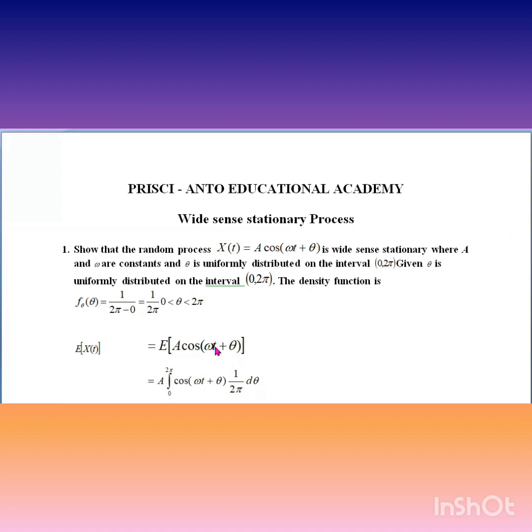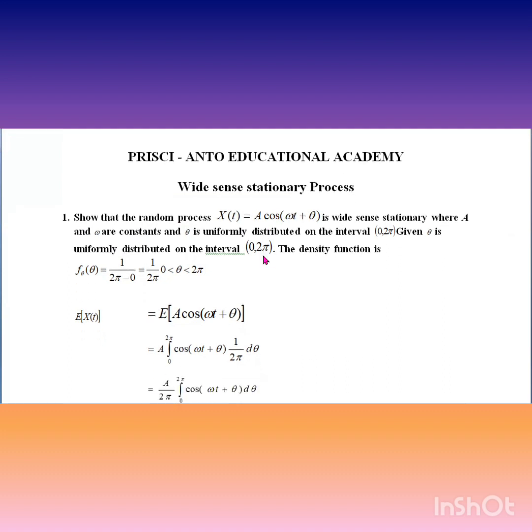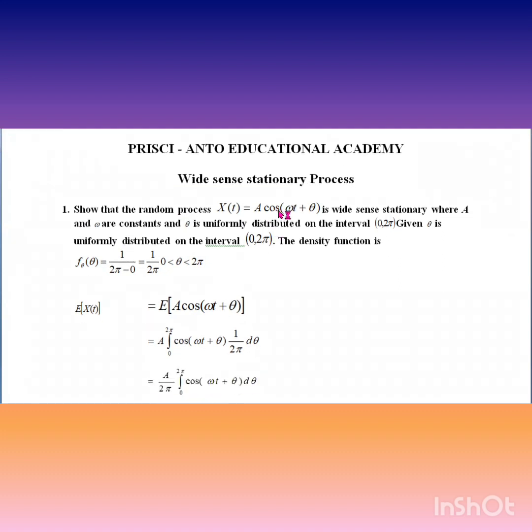Now let us see one example in wide sense stationary process. Show that the random process x of t is equal to a cos of omega t plus theta is wide sense stationary, where a and omega are constants and theta is uniformly distributed on the interval 0, 2 pi.